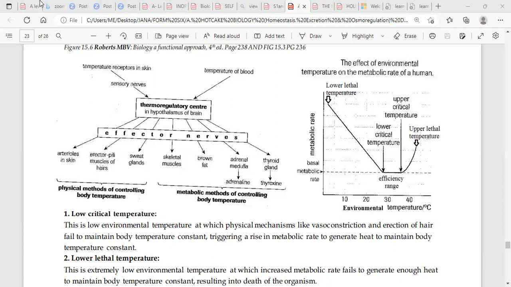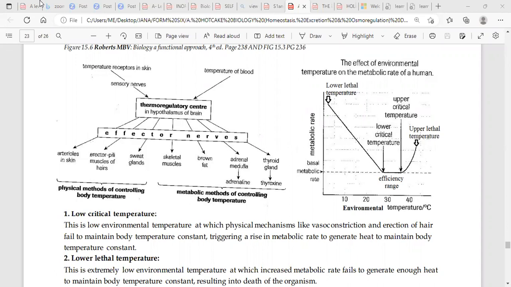They are trying to make sure the body temperature stays in the norm. It stays within the limits, not fluctuating with respect to the environmental temperature. Those are the physical mechanisms, such as vasoconstriction and erection of the hair, so that they can trap some heat, and then this guy keeps warm.